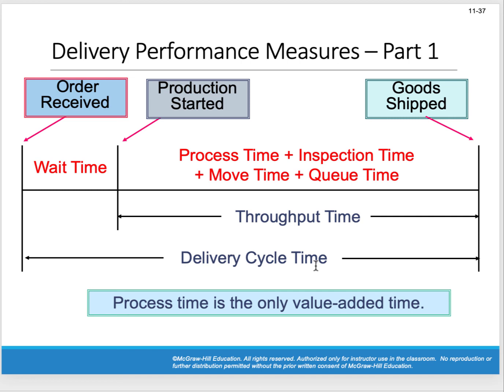So when we're looking at the delivery cycle time from the time we order to the time we ship a good, there's a lot of elements of time that come into play, okay? So as we look at this and we think about it, well, what adds value to the final customer? Us waiting on a shipment, does that add value? No, not at all. The move time, the queue time, the inspection time, none of those really add value.